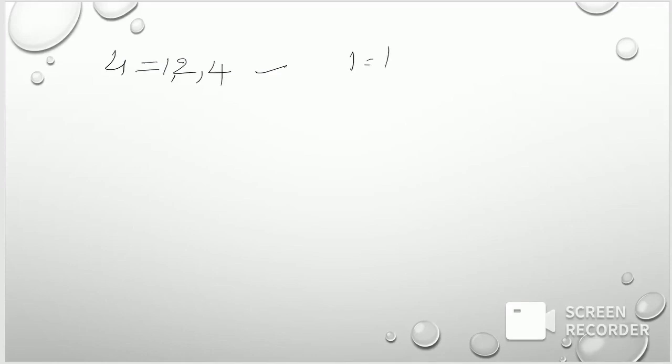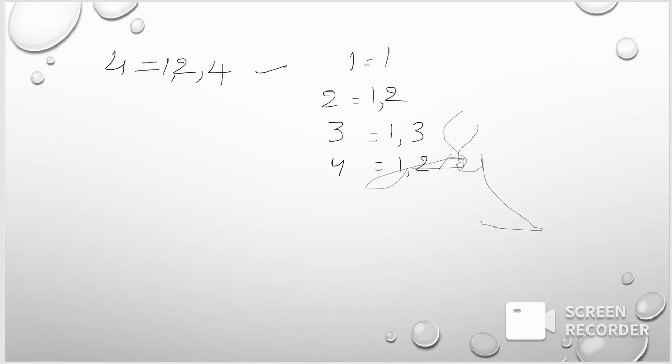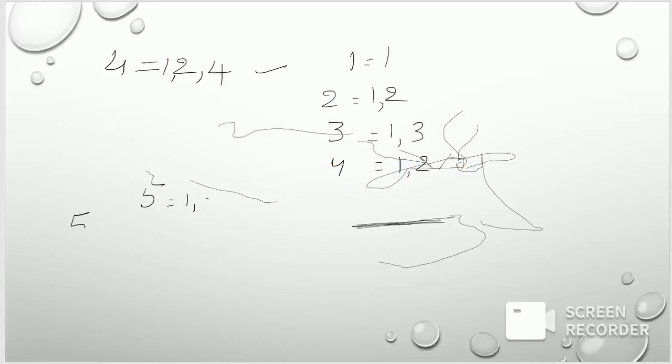For number 1, only one factor is there. For 2, 1 and 2 are the factors. For 3, 1 and 3 only. For 4, 1, 2, 4. For number 5, what are the factors? 1 and 5 only.